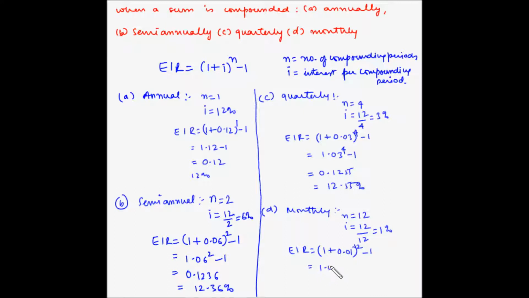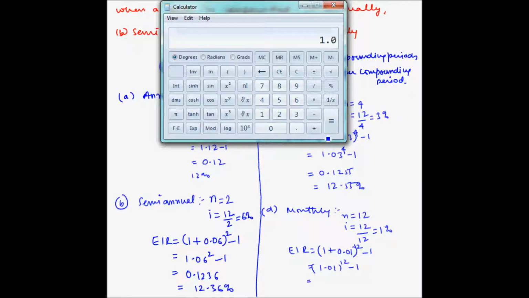So this is 1.01 to the power 12 minus 1. So this is equal to 0.1268, which is equal to 12.68%.